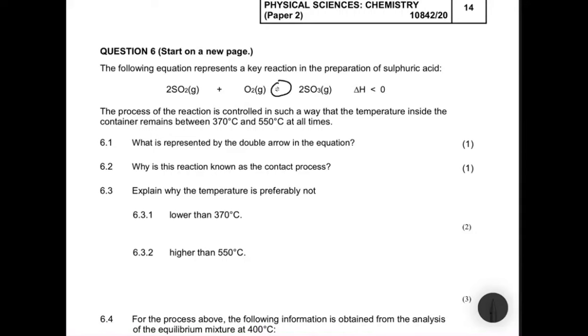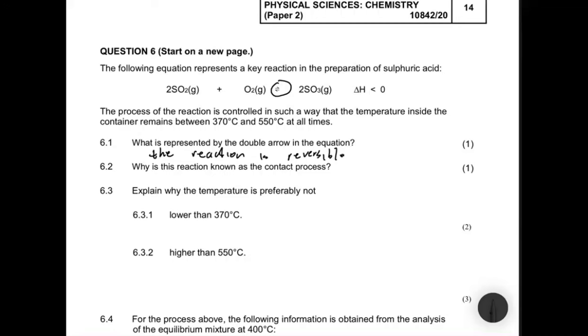In chemistry, we know fully well that if we have a double arrow, it simply means that the reaction is reversible, right? So 6.1, you just write the reaction is reversible and you get your 1 mark.